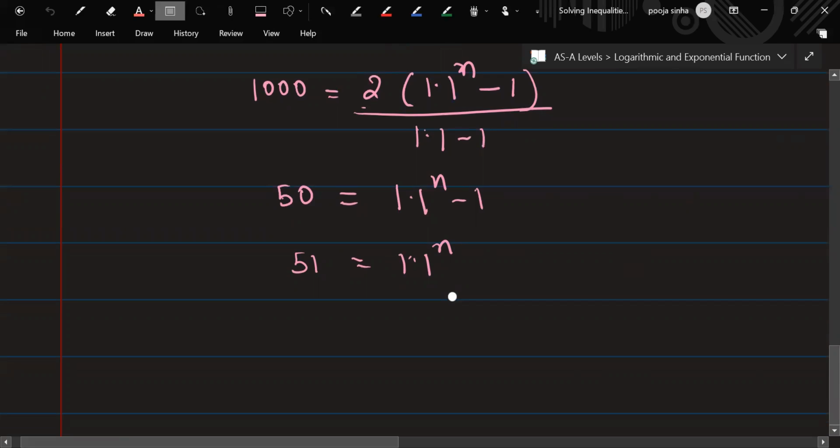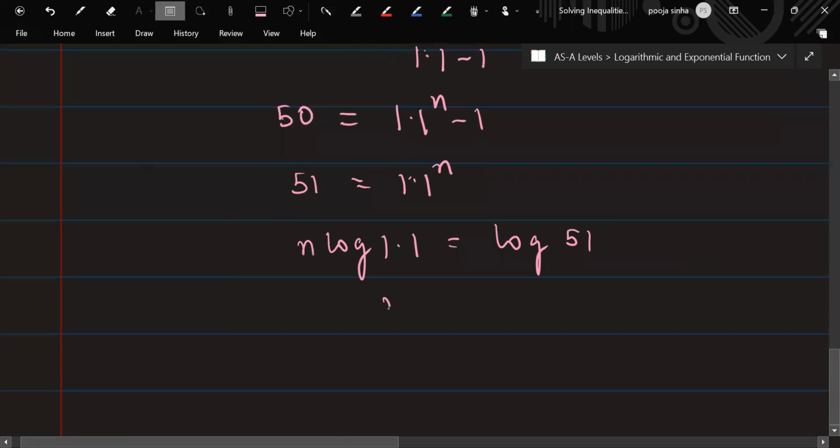Now how do I get the value of n? n log 1.1 is greater than log 51. So n is greater than log 51 upon log 1.1.